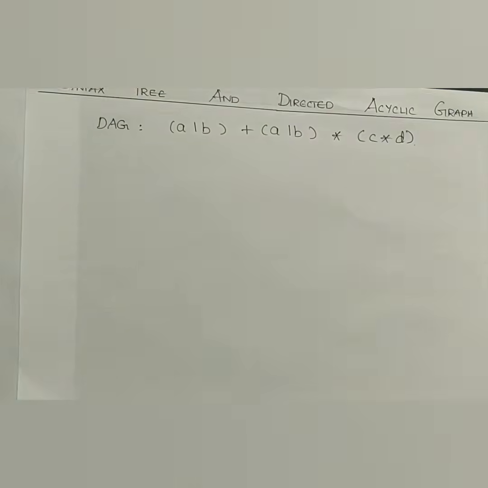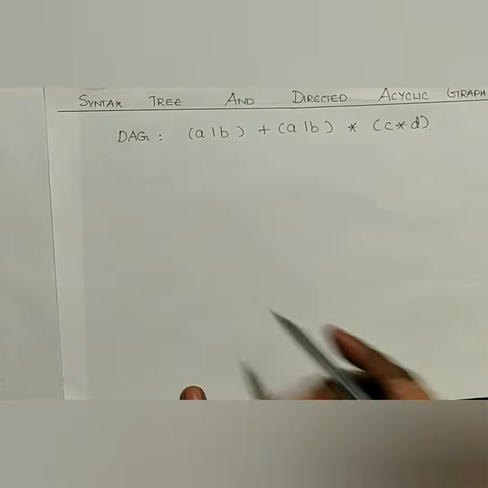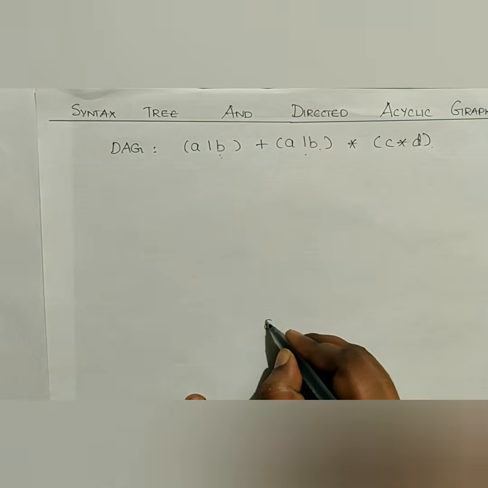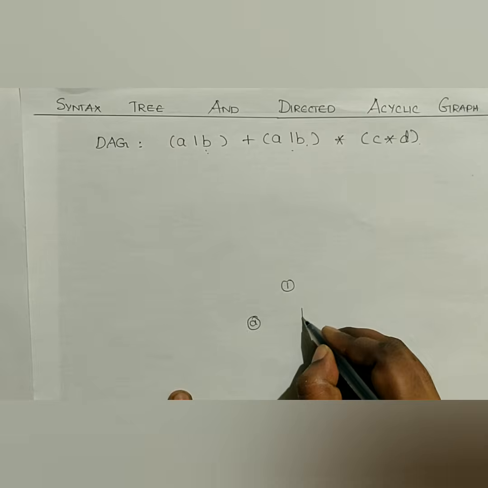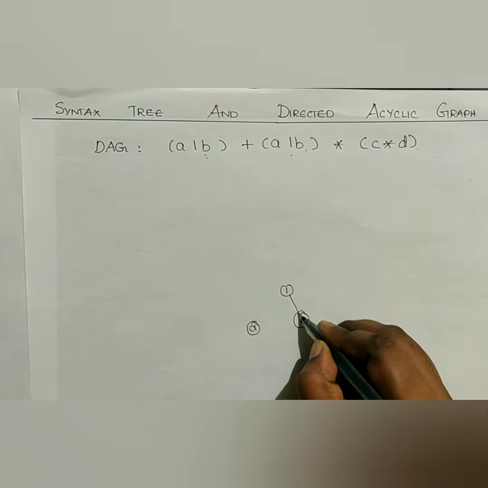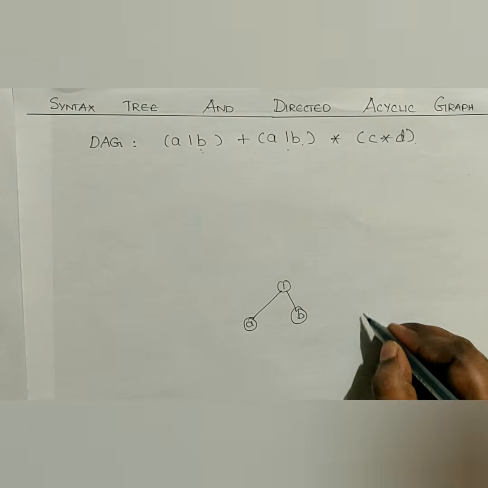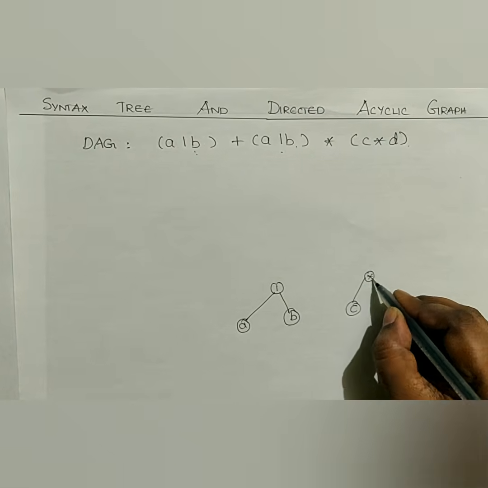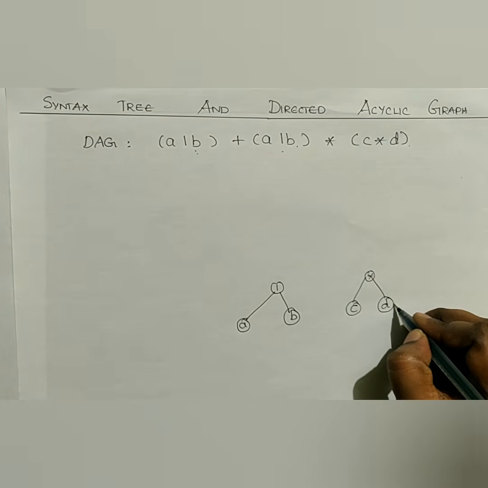So I am doing the same thing for you for the directed acyclic graph also. I am not going to do it twice. I am going to do it only once. A, pipe symbol B, right? Then C, star, D. Okay, C star D is done.